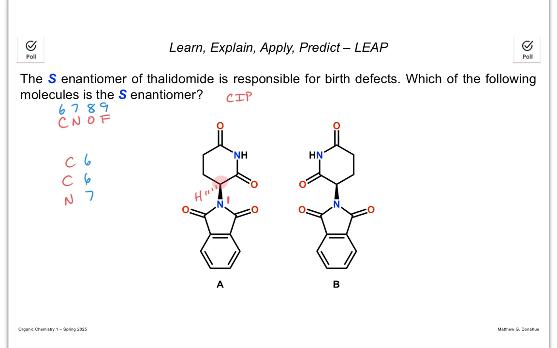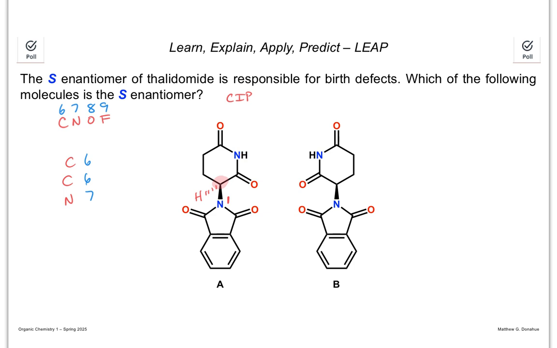But now we have this issue where there are 2 carbons and they're both atomic number 6. So what do we do? Now this is where you have to see what's bonded to that atom. You have hydrogen, hydrogen, carbon. But here you have a double bond, and so you treat that double bond as 2 oxygens. So oxygen, oxygen, nitrogen.